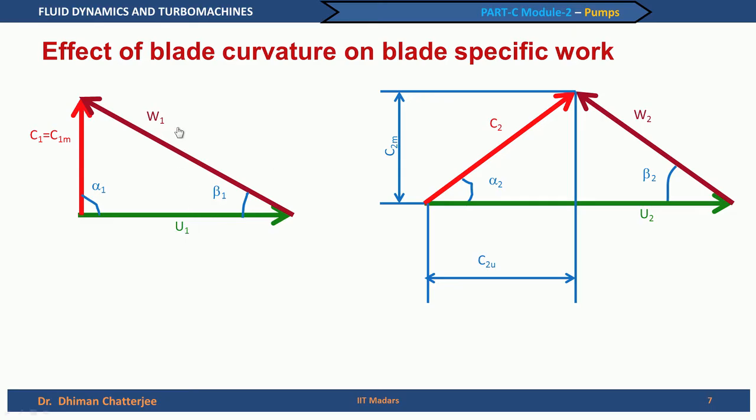U 1, W 1 and C 1 correspond to the inlet, U 2, W 2 and C 2 correspond to the outlet. I once again remind all of you that this subscript 1 refers to the low pressure side. In case of pump, 1 refers to the low pressure side, which is the inlet. The subscript 2 refers to the high pressure side.